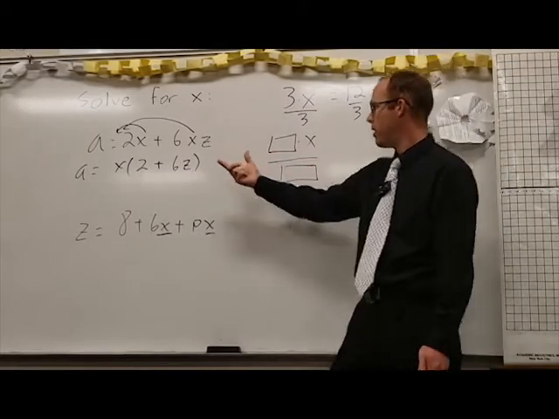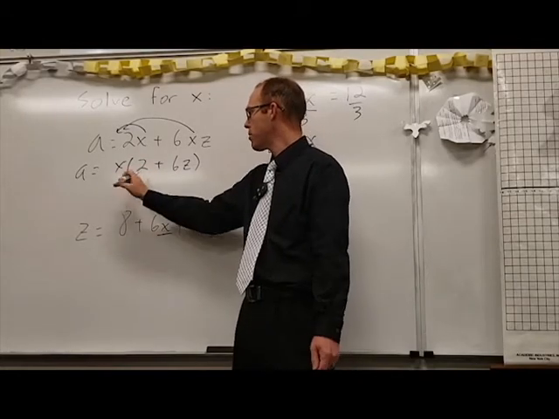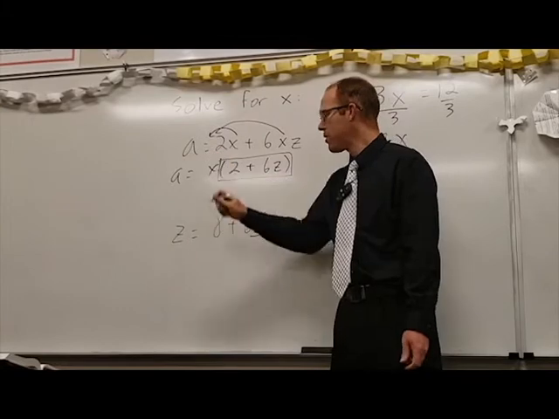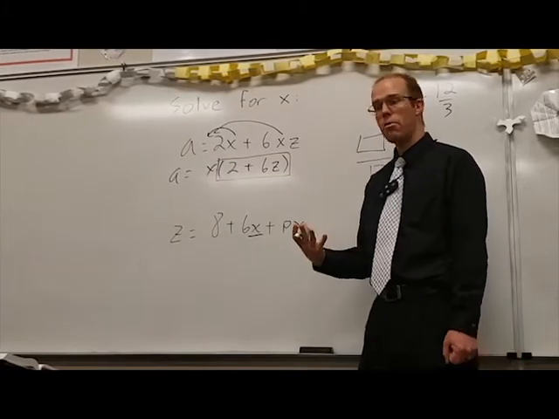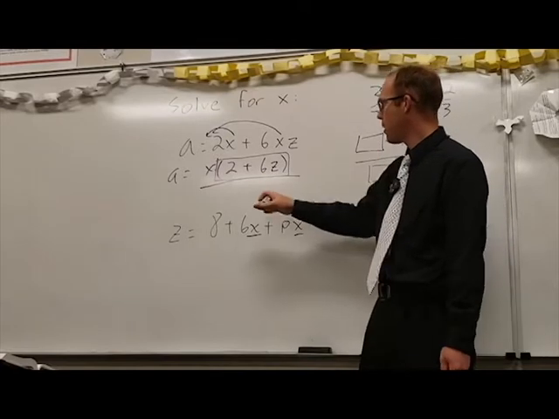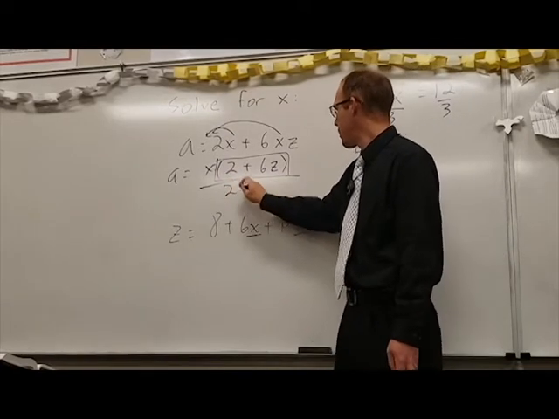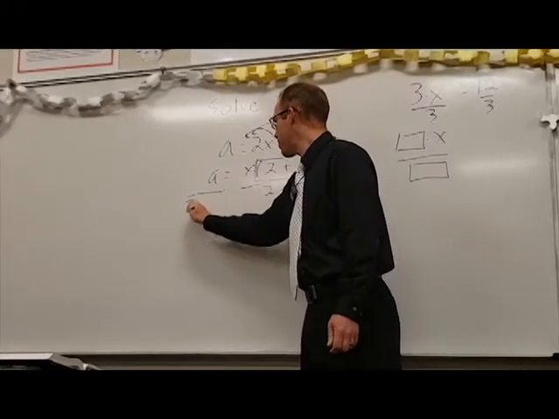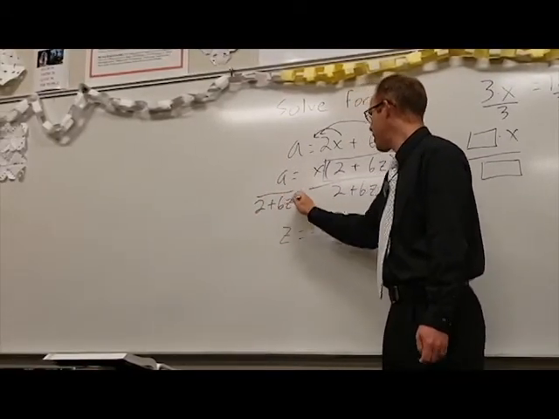Okay, let's go back to here. We're taking x. It's right next to the parentheses. That means we're multiplying by all of the stuff in the parentheses. In order to undo that multiplication, I'm going to divide by the exact same thing we're multiplying by, which is 2 plus 6z. And I'm going to do it to the other side. Divide by 2 plus 6z.